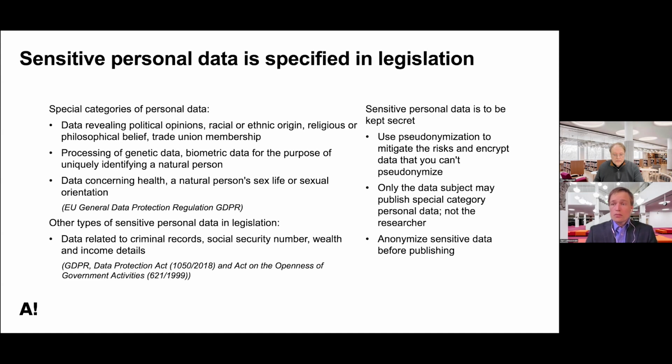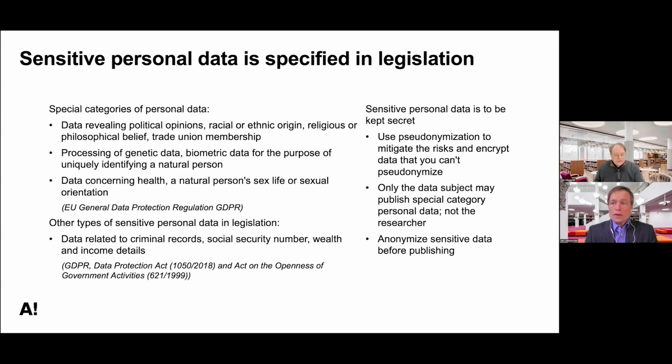That list includes data revealing political opinions, racial or ethnic origin, religious or philosophical belief, trade union membership, genetic data or biometric data for the purpose of uniquely identifying a natural person, or data concerning health, a natural person's sex life, or sexual orientation. The GDPR sets higher restrictions and limitations on the use of this special category of personal data, also for research purposes.